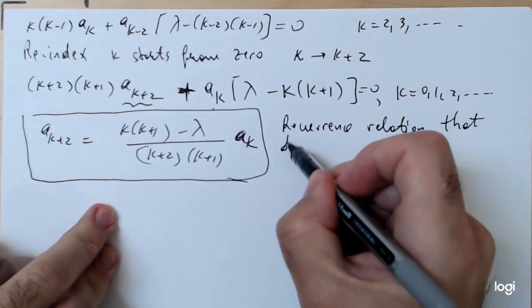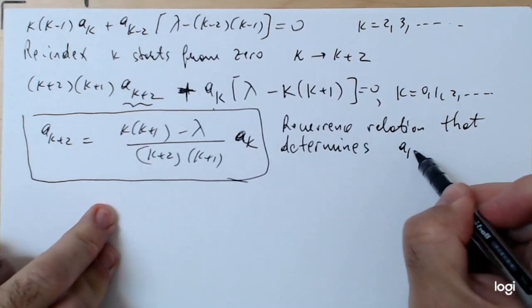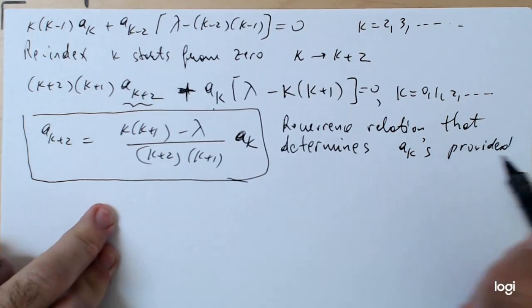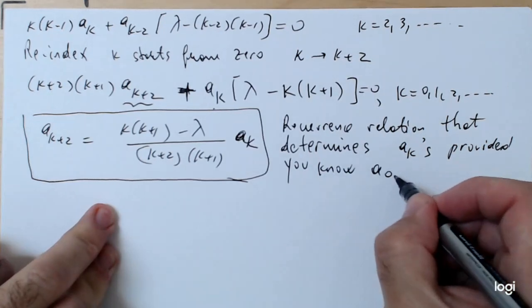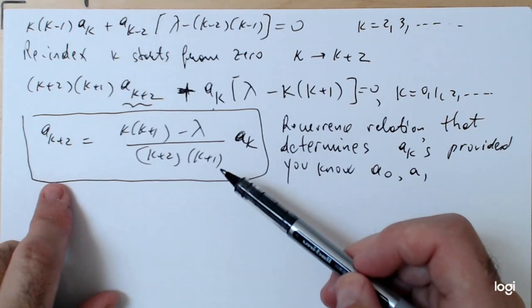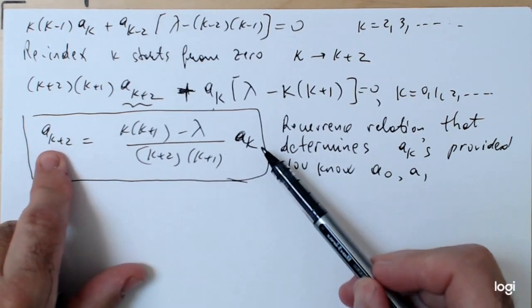This is a recurrence relation that determines the a_k's provided you know a_0 and a_1. This is a recurrence that goes by a step of 2. So notice that in order to know one term, you need to know the previous ones.